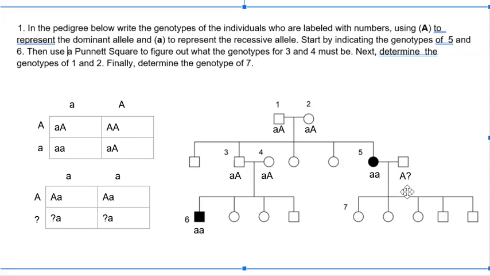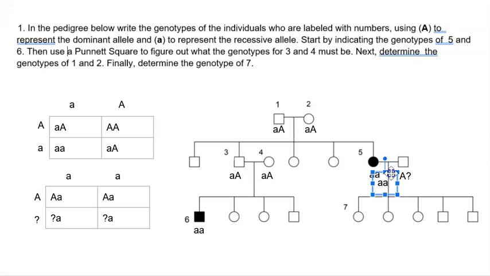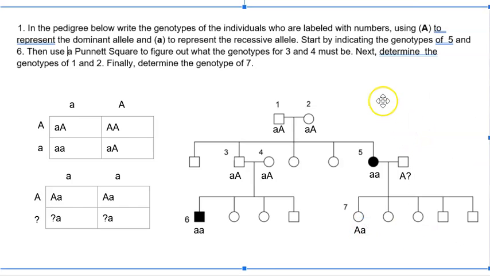Because they don't have the condition. And so this person is for sure heterozygous, without a doubt. They had to get one lowercase a from their mom, and they had to get their uppercase A from their dad.